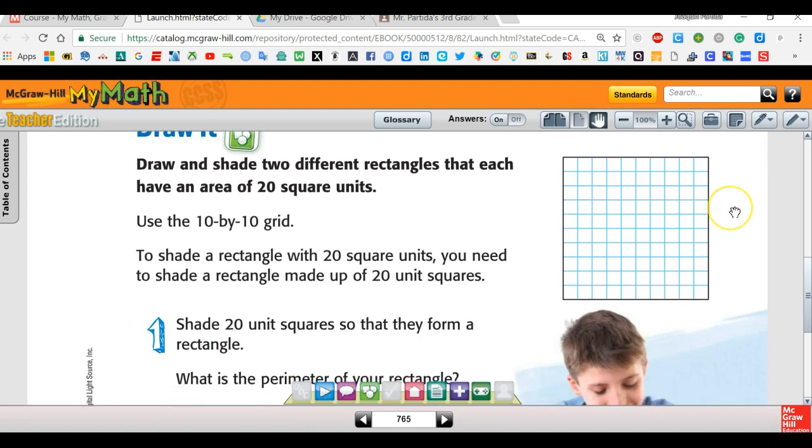So, for example, it says draw 2 different rectangles that each have an area of 20 square units. So now I'm looking for an area of 20 square units. Can you tell me what two numbers multiply together give me 20? 10 times 2, you mean? Because 10 times 10 is 100.